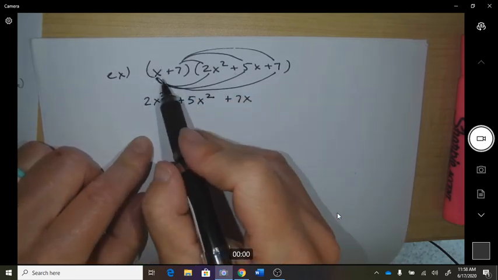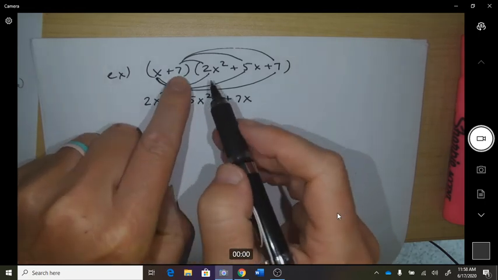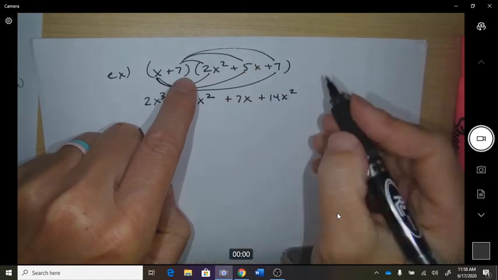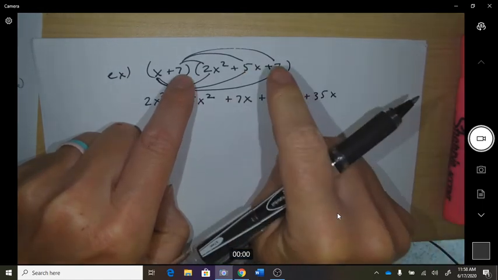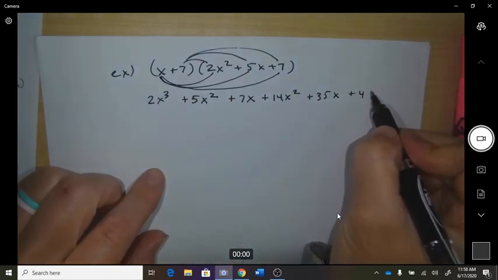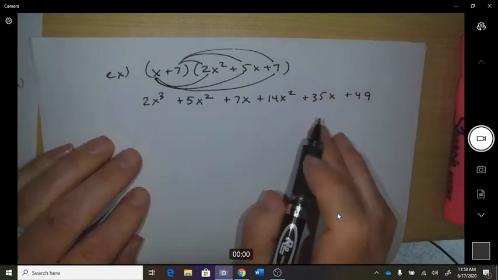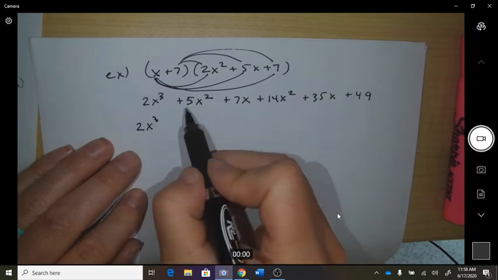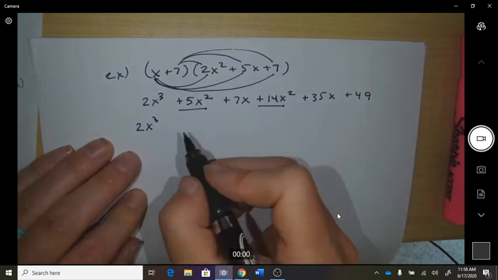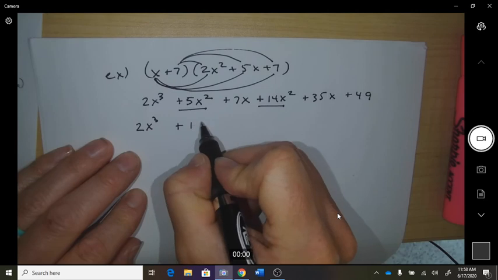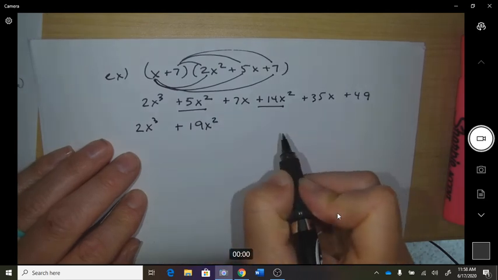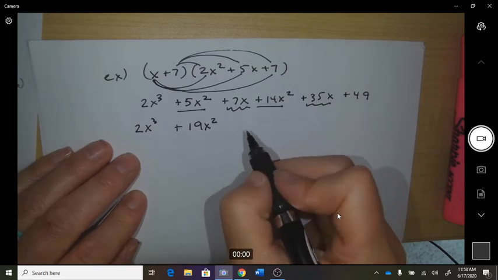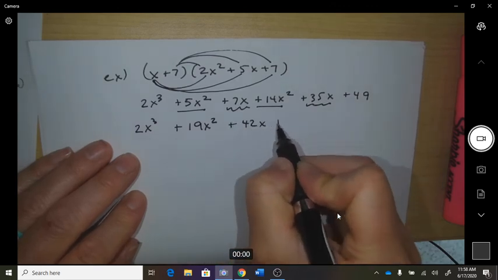Okay, so we're done distributing the x. Now let's distribute the 7, so 14x squared plus 35x plus 49. Now you look for anything you can combine. The cubes, no other cubes. Squareds, I have 2 I can put together, so 19. And that term and that term I can put together, so 42x plus 49.